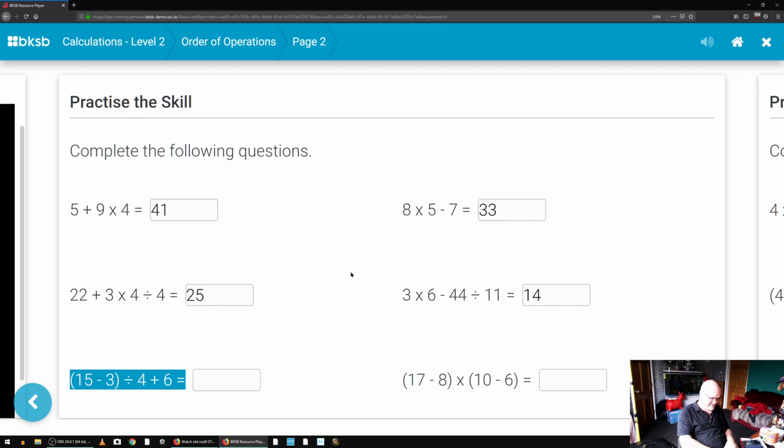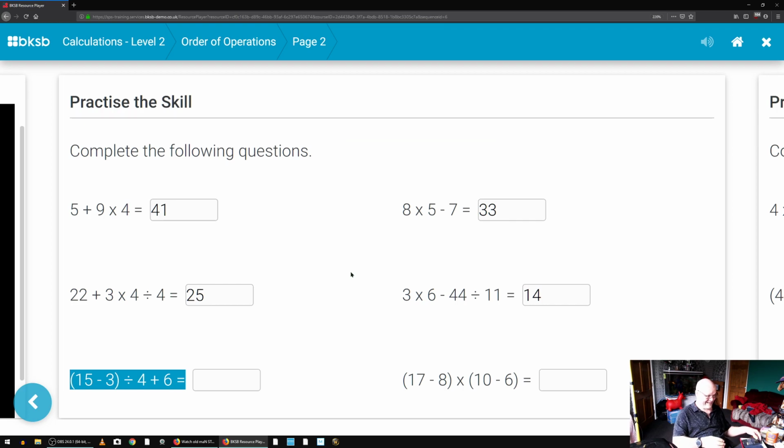So brackets 15 minus 3, divided by 4 plus 6. So we do the brackets first. 15 minus 3 is 12. We then do the division, 12 divided by 4, which equals 3. And then you add 6 to the answer, which gives you 9.